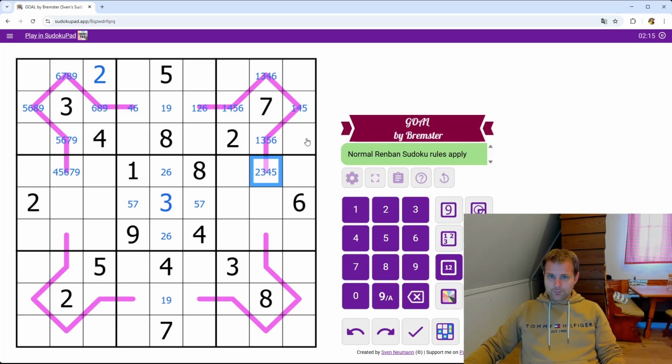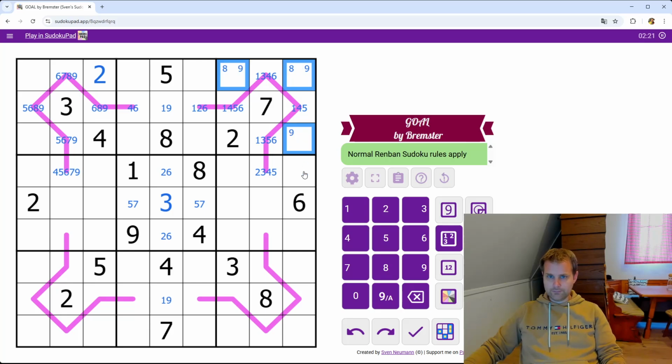Let's take a look. Where do 8 and 9 go? The 8 goes here, the 9 is somewhere here. Let's see what else we can do. The 4 is somewhere here.